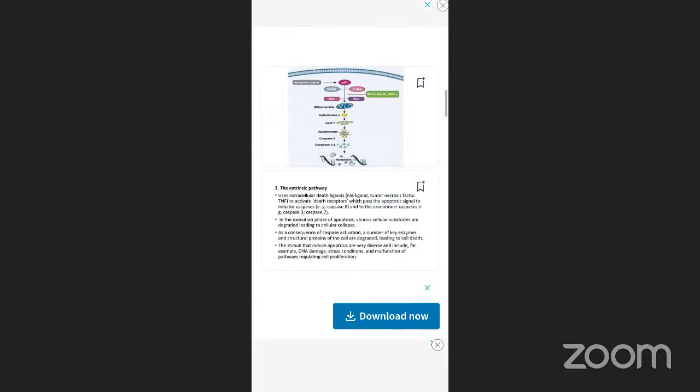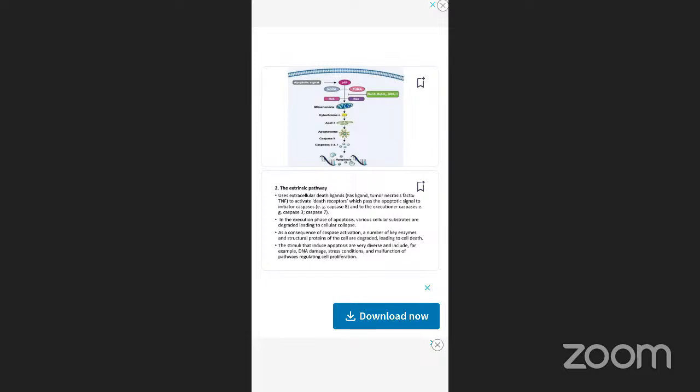Okay, next, the extrinsic pathway uses extracellular death ligands, such as Fas ligand and tumor necrosis factor, TNF, which bind death receptors that pass the apoptotic signal. In the execution phase of apoptosis, various cellular substrates are degraded, leading to cellular collapse.